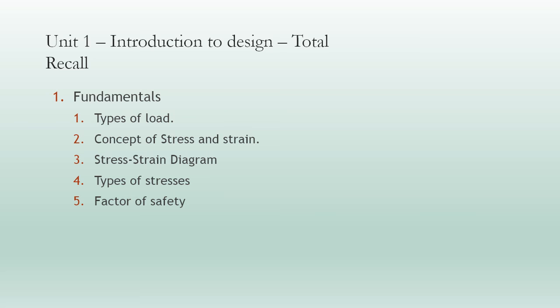Stress is defined as the force per unit cross sectional area. Then we went through the stress strain diagram for ductile and brittle material, then the types of stresses, and then the factor of safety.